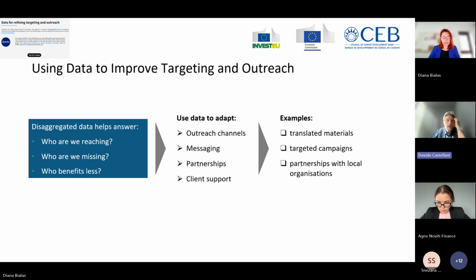By doing that, we can better understand which groups are underserved, which groups are underperforming, and which groups face most of the barriers. And so targeting is not about selecting the easiest clients to serve, but about identifying which clients are most in need of our services, and for which clients our services are more effective.